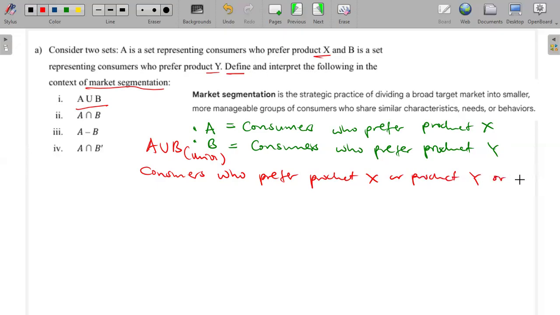So we're saying they'll prefer product X or product Y, or they'll prefer both. This is how we define A union B.